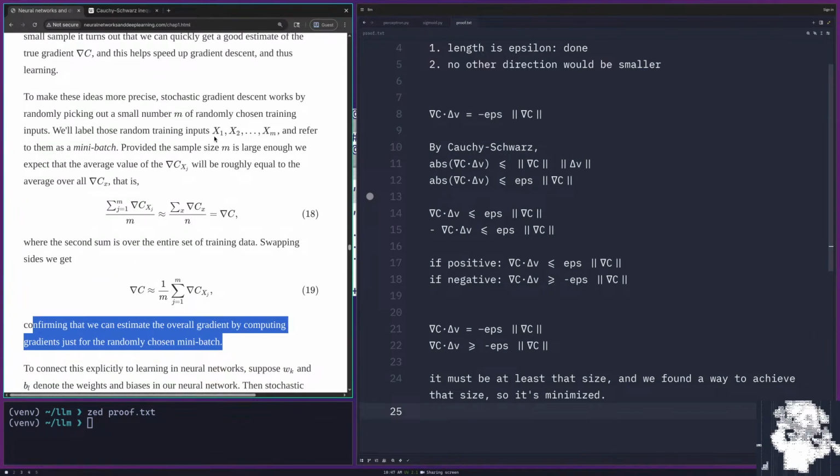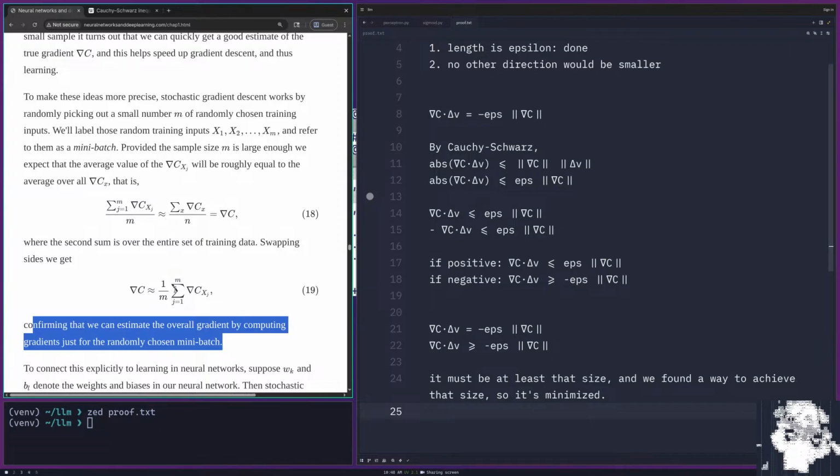So this capital X is a training input. We were using lowercase x for this before, but now it's capital X1, X2, etc. We're saying here that if we have a big sample size, then the average gradient over a big sample should be approximately equal to the average gradient over the whole thing.